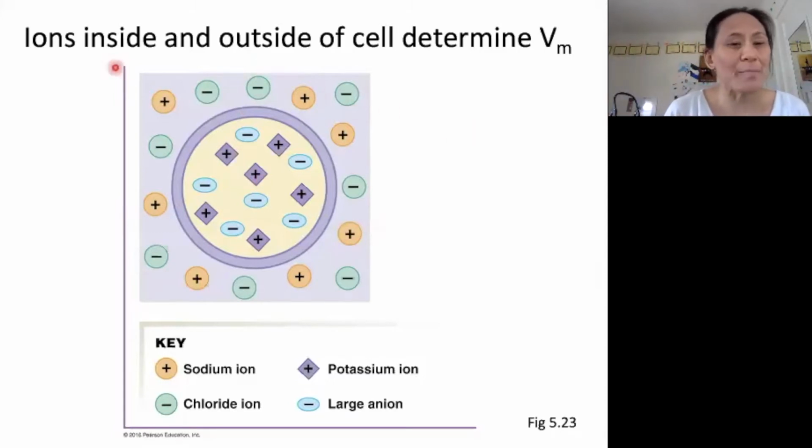These are the main players that we usually see in and around the cell. We have sodium ion in orange, chloride ion in green, potassium ion in purple, and then a variety of large anions such as proteins inside of the cell.